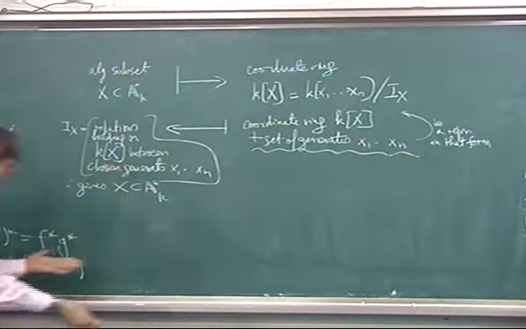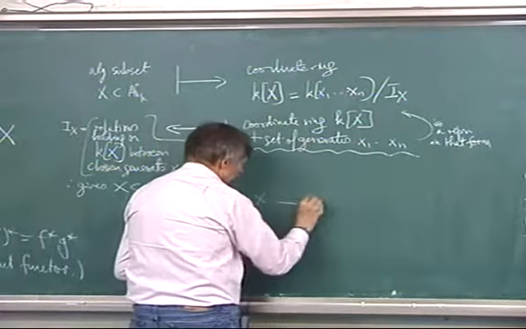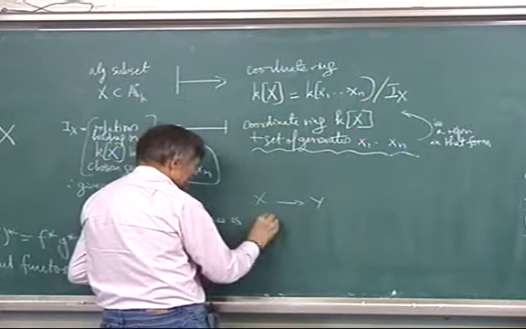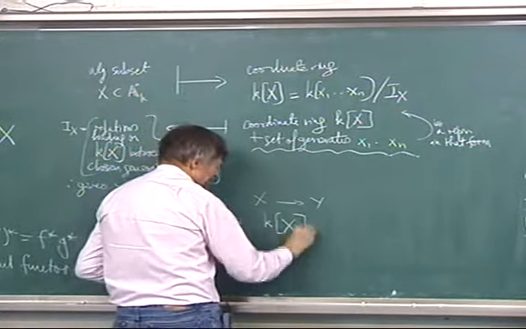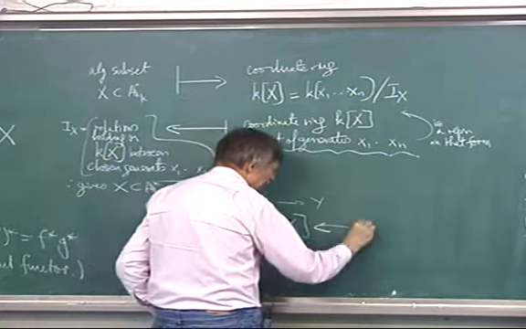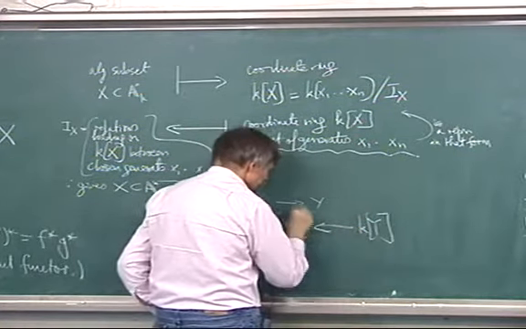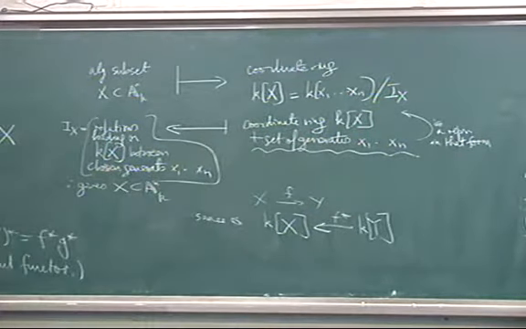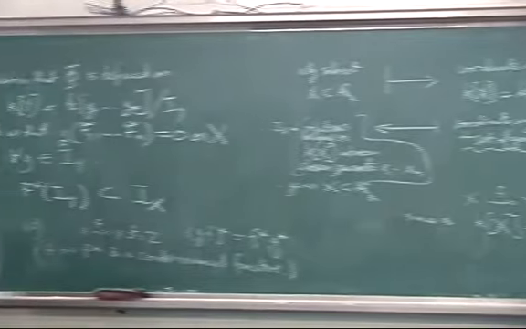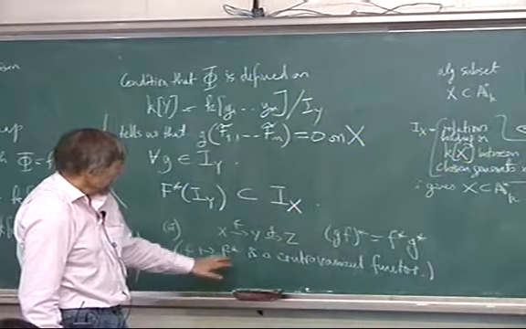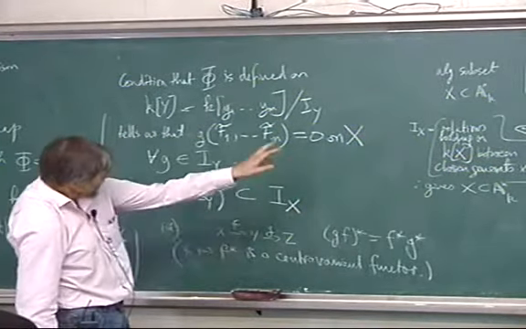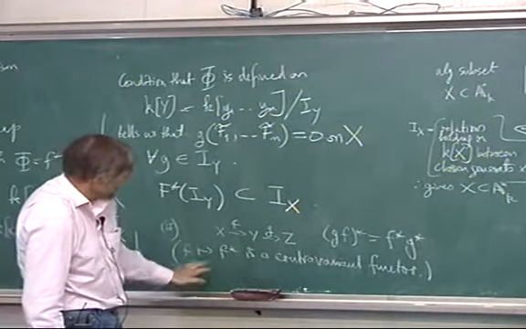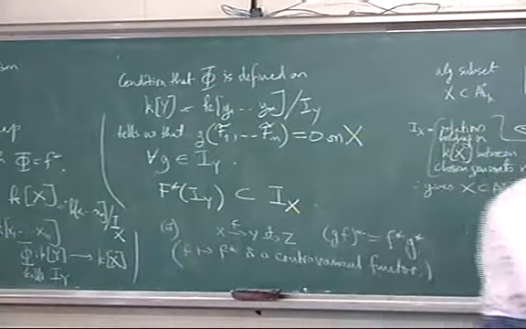And then a map f from X to Y is the same as K of X coming from K of Y. So this is an equivalence of categories, if you want, between algebraic subsets up to polynomial maps and coordinate rings.